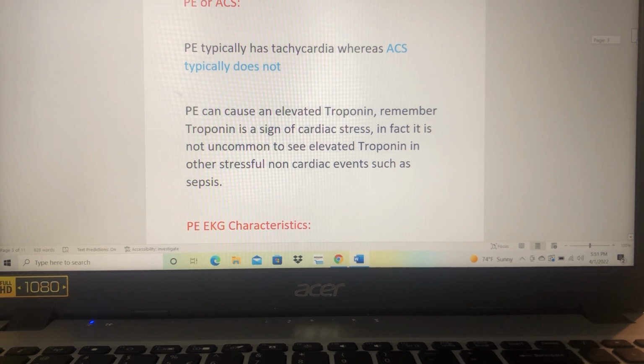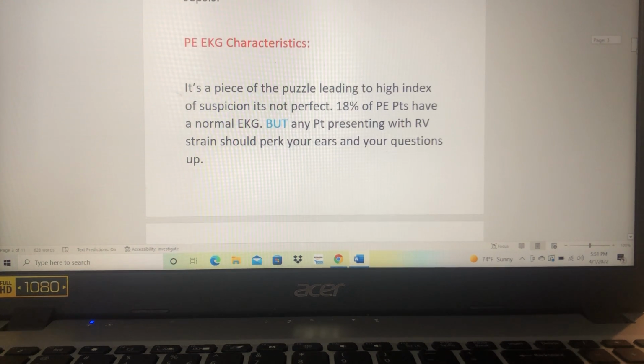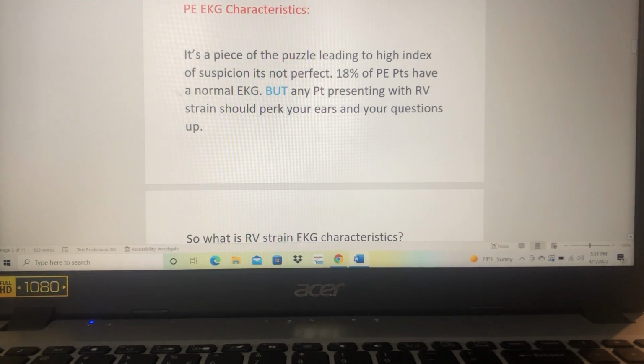So some characteristics of the PE EKG. S1, Q3, T3, a mnemonic that is so unreliable, it's not even funny.